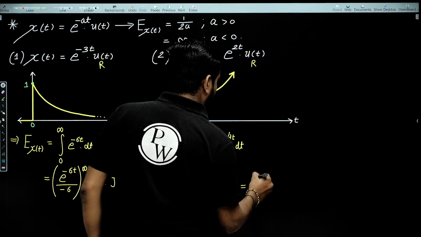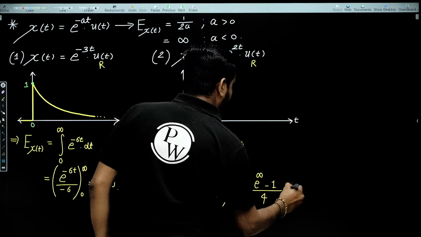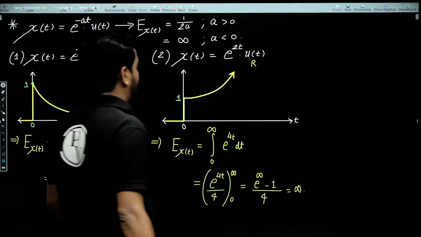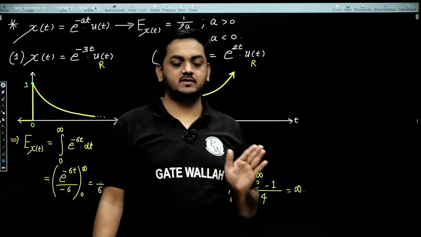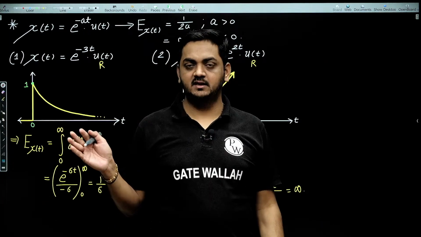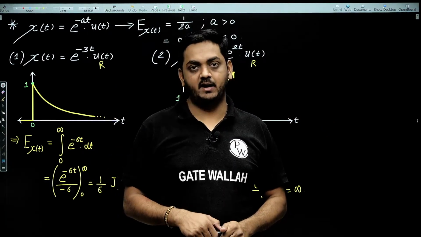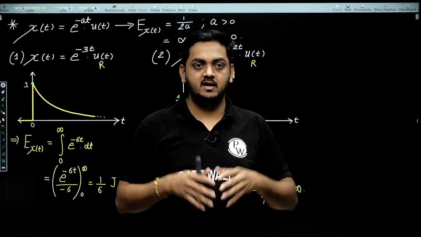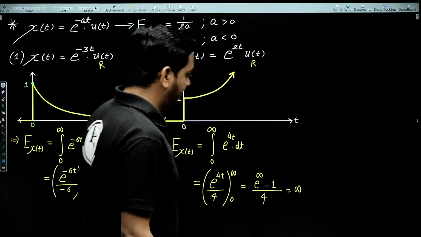E to the power infinite minus e power 0, 1 divided by 4. The answer will be infinite. So simply what you have to remember, if there is an increasing function, right side or left side, then definitely the energy will be infinite for the infinite duration signal. And if it is a decreasing function, then energy will be finite. Okay.